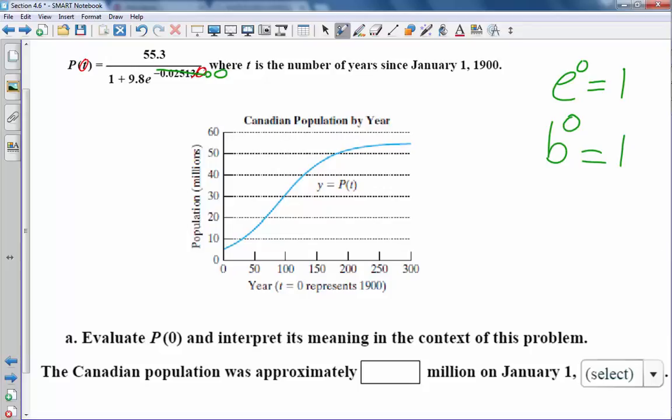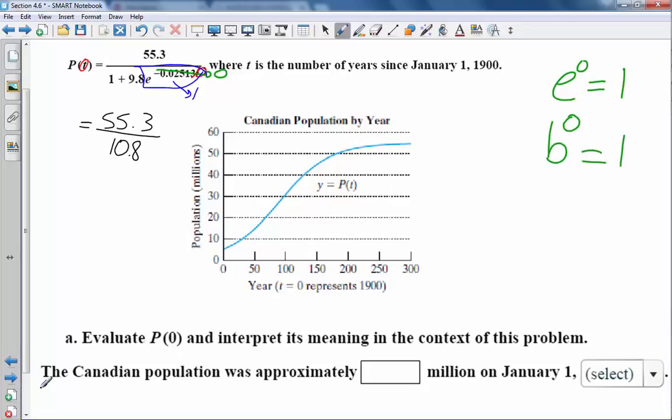So what we have so far is this part right here is 1. What is 9.8 times 1? 9.8. When I add 1 to it, it increases to 10.8.